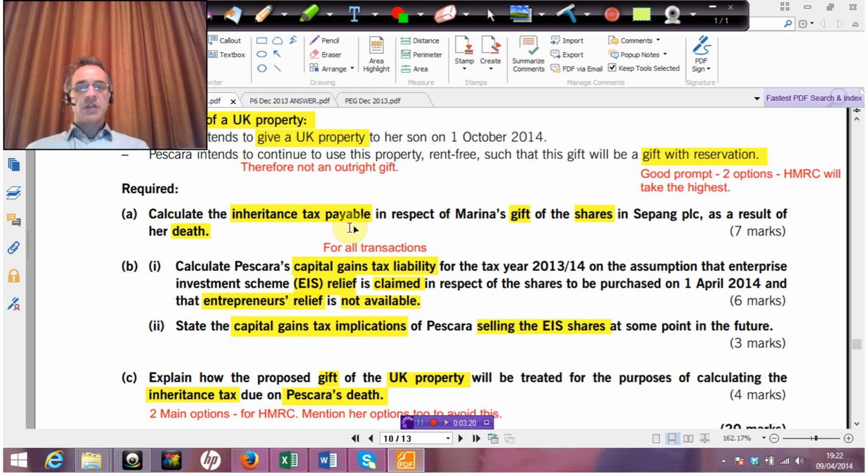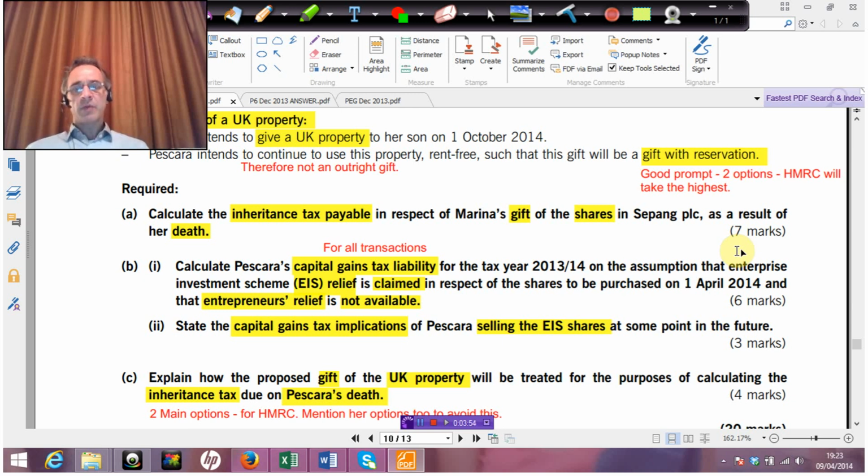Within the answer, this brings in our two main IHT calculations: a lifetime calculation, and a death estate calculation. They're fairly straightforward in relation to Marina, and if you look at the marks, nearly a third of the 20 are for a fairly straightforward inheritance tax calculation.